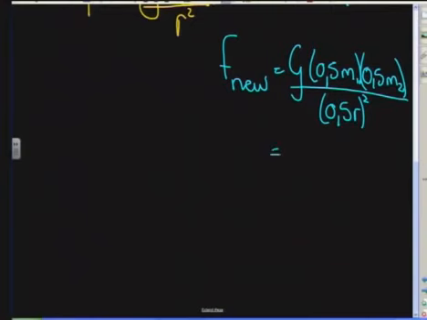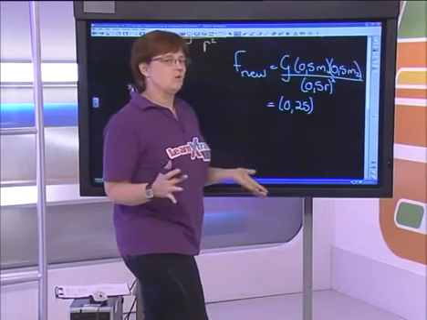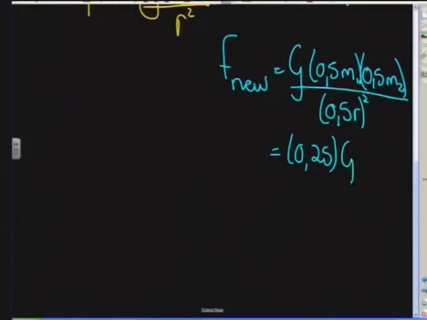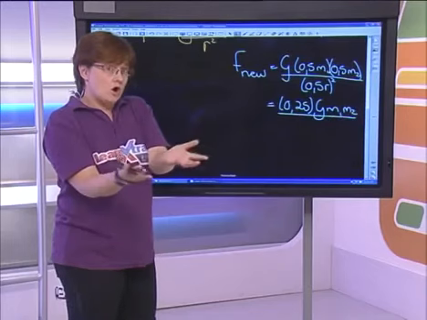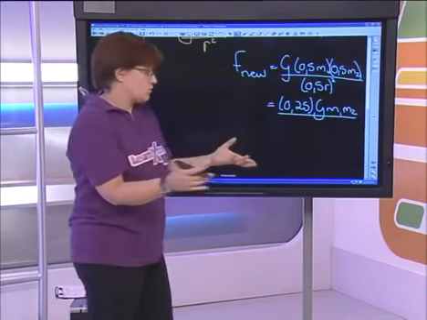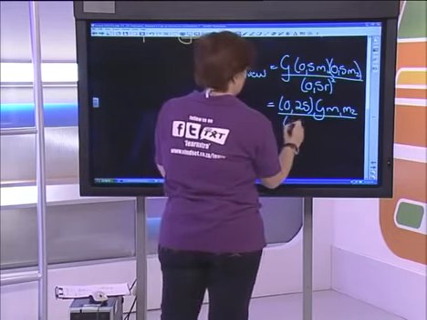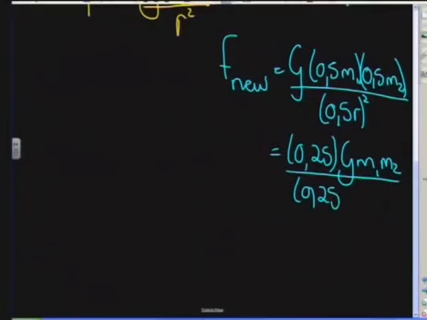So we're going to go, okay, this is 0.5 times 0.5, which is 0.25. Because remember, this is multiplication. It can be in any order. It doesn't make a difference. G, M1, M2. Now, it's 0.5 r squared, so 0.5 is also squared, and 0.5 squared is 0.25 r squared.